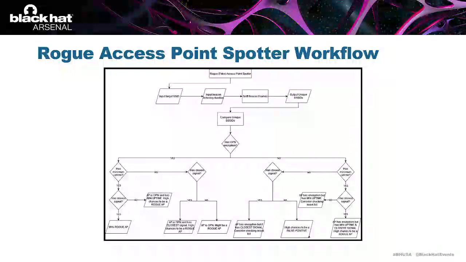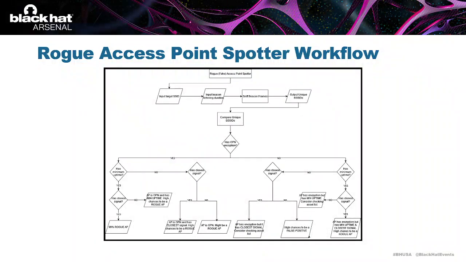Here we are checking whether the target access point has the closest signal, and if that's the case, then we can take this target access point as a 99% rogue access point.